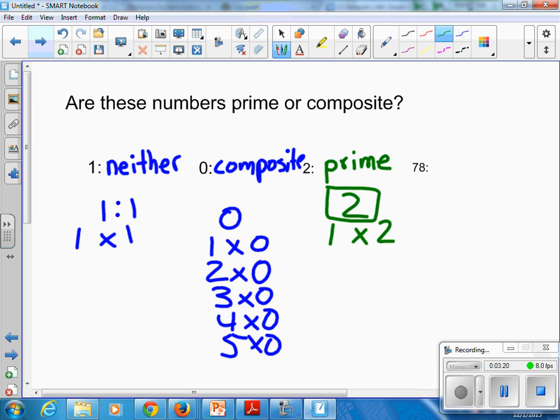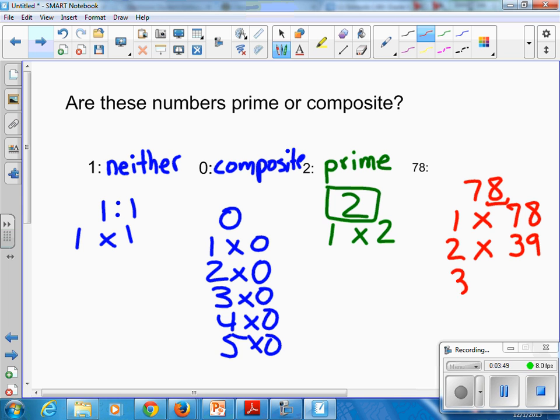Why? Well, let's look at this. How about 78? Let me go to another color. 78. 1 times 78 is 78. Is 2 a factor? If the number is even, then 2 is going to be a factor. You just have to think what's half of 78. And in this case, it will be 39. 7 plus 8 is 15.